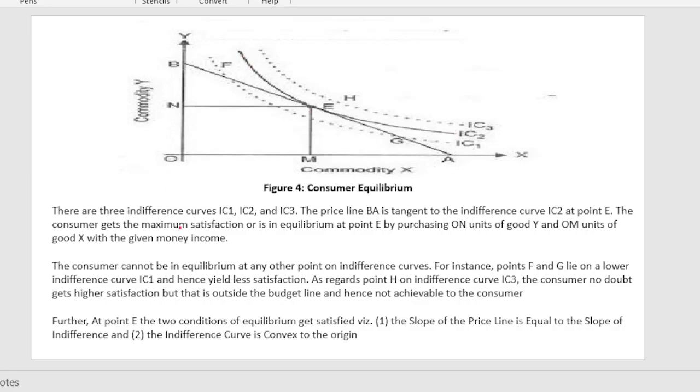Here the consumer gets maximum satisfaction at the point E by purchasing OM units of good Y and ON units of good X with given income and price.